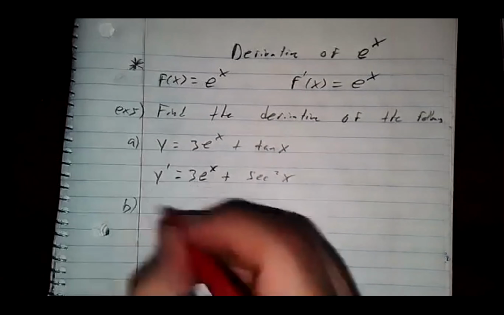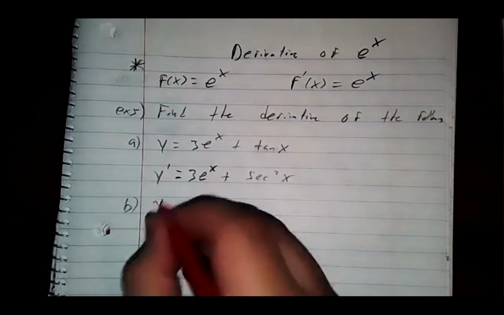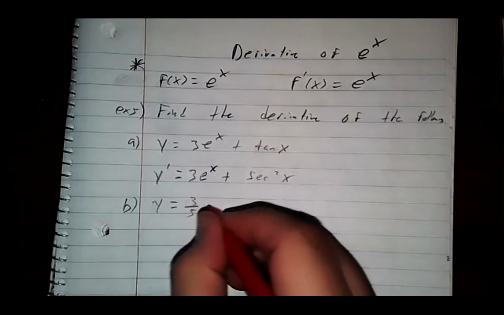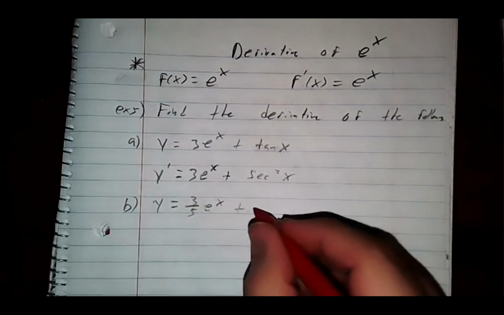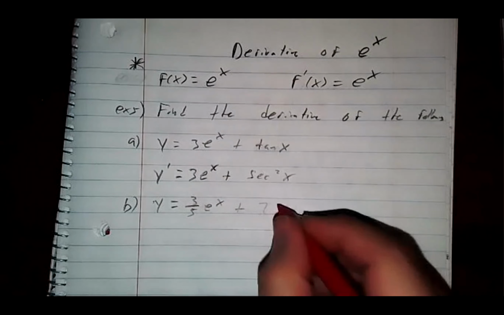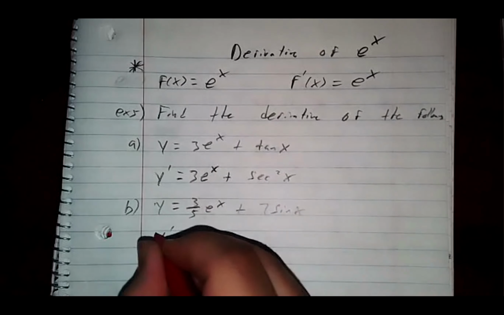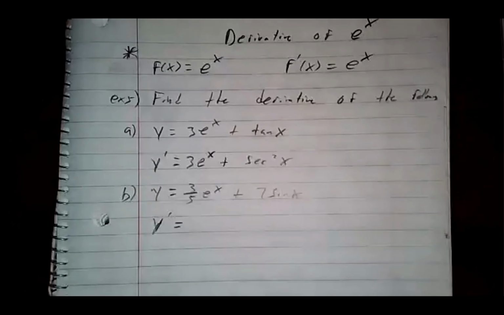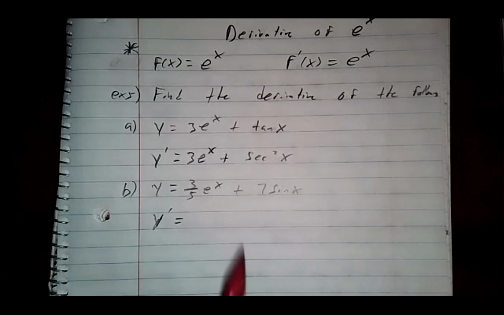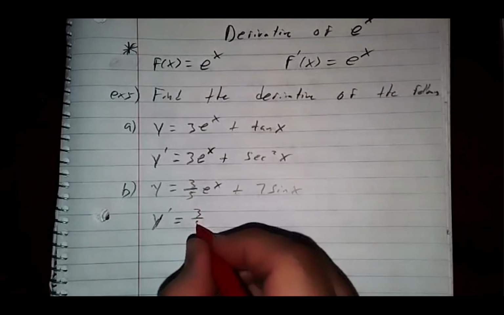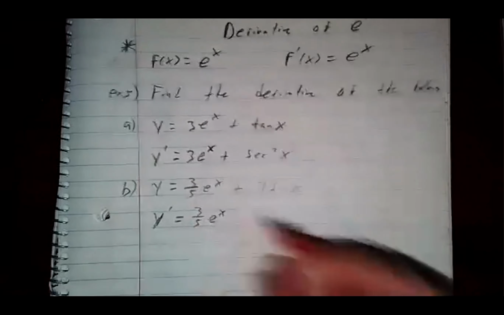Okay. So the e doesn't really do anything. Even if it's a fraction, something like, let's say y is equal to 3/5 e to the x plus 7 sine x. I'm just making up questions here. Derivative of y: this doesn't change. It's going to be the same deal. Don't let the fraction bother you.